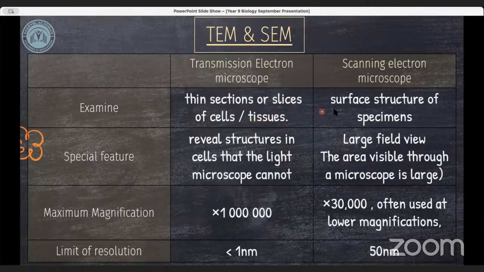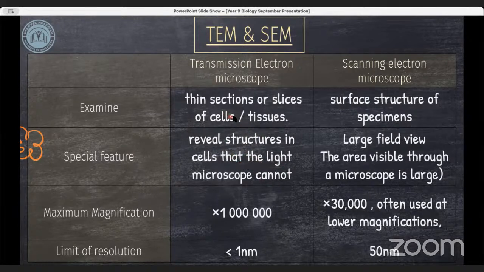And with the scanning electron microscope, the surface is what matters. Then special features: it reveals structures in cells that a light microscope cannot. So children, now here I wanted to correct again.